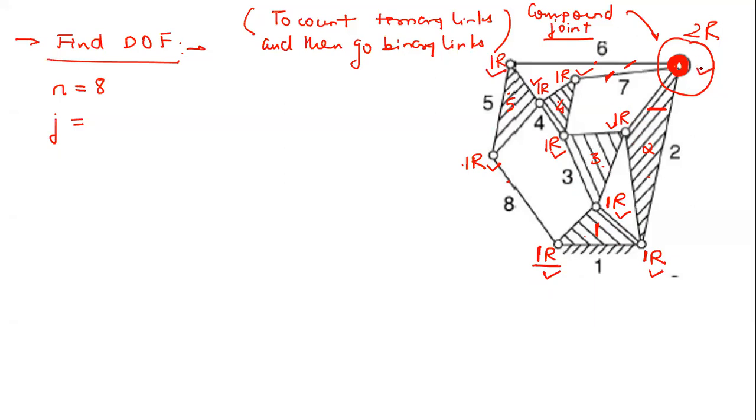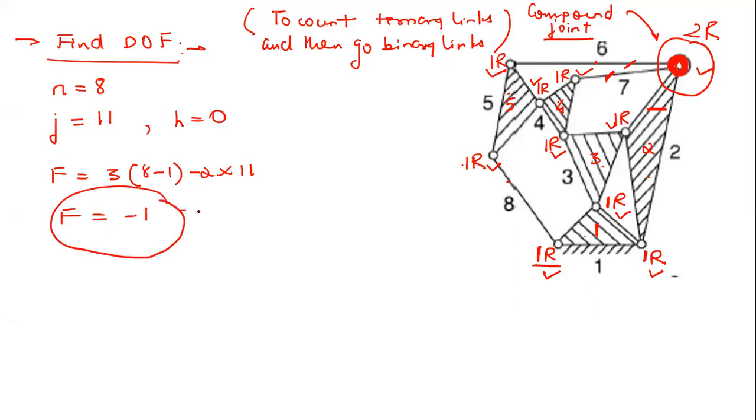Then 9 to 11. So J is equal to, in this case, 11. Now, any higher pair? No. So it is simply F = 3(n minus 1) minus 2J, right? So F will be simply 21 minus 22, so you see the degree of freedom of this mechanism is -1.